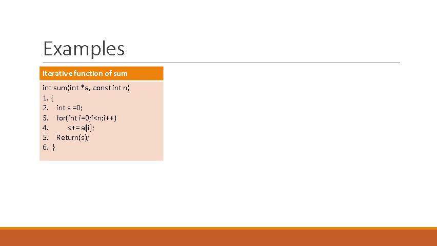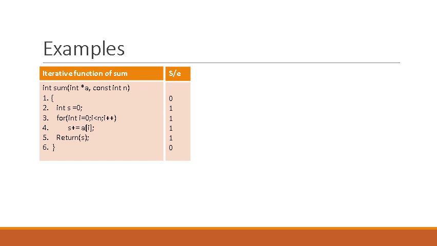To find the step count, first I have to find which steps are going to execute at runtime. The first statement, int sum, does not execute at runtime, so nothing is taken. The opening brace has no step execution, so its step execution is 0.